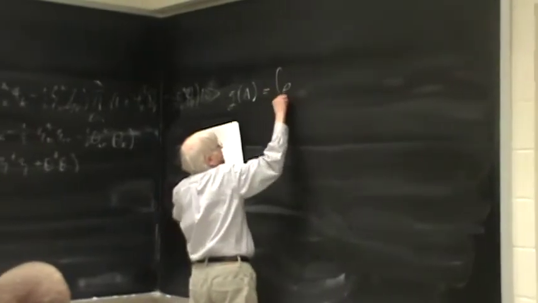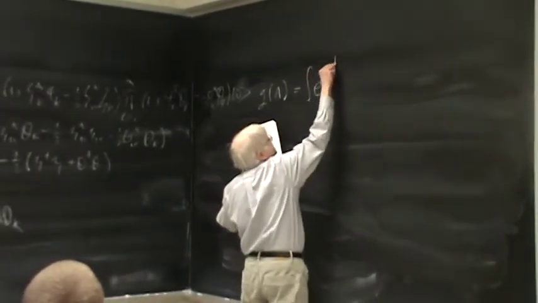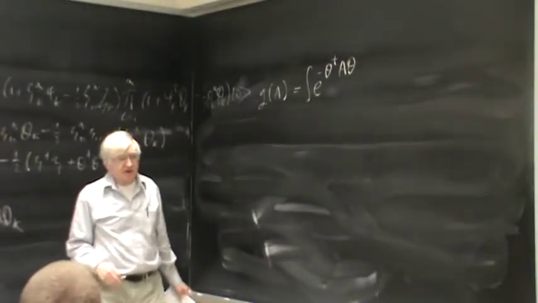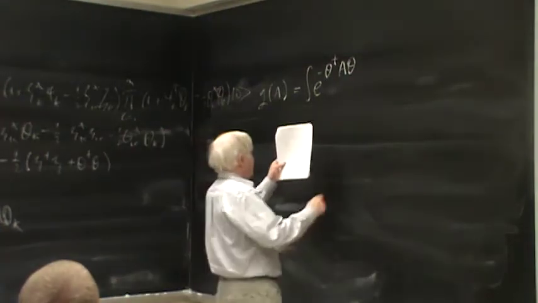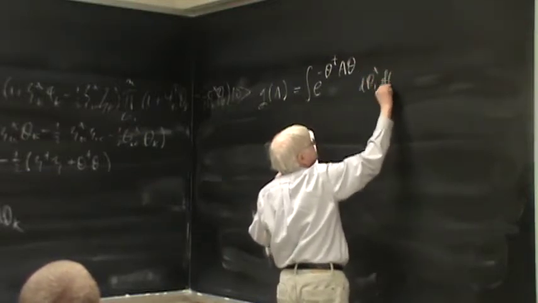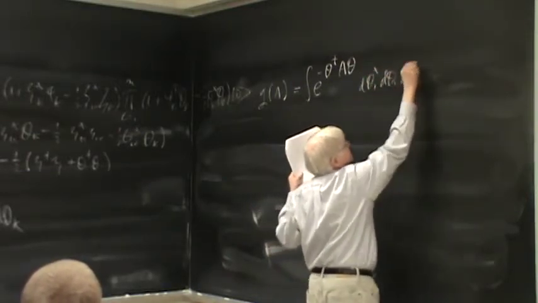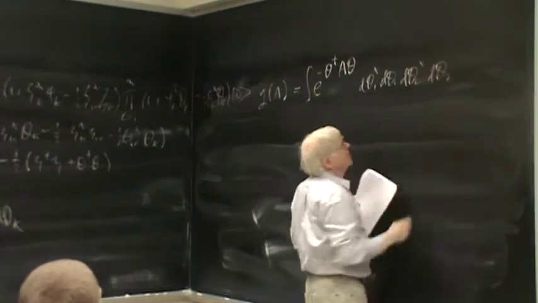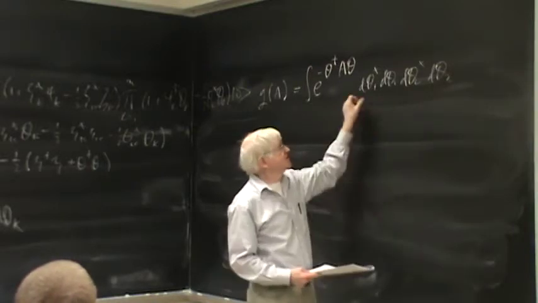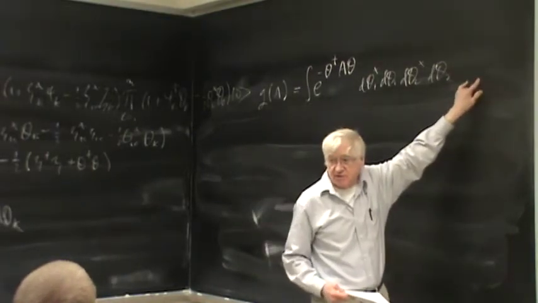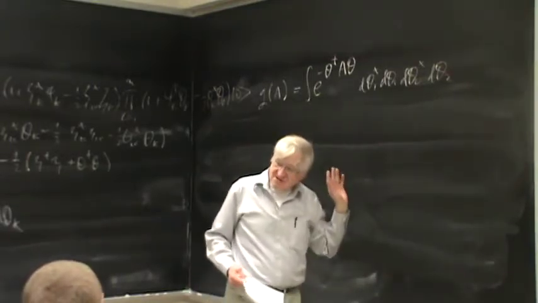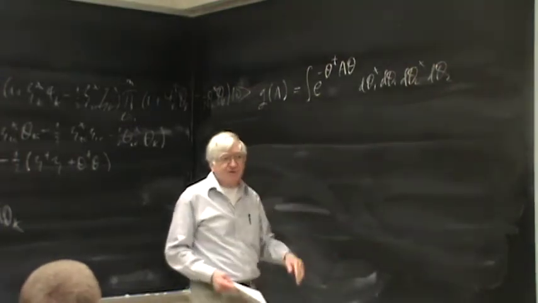This is a Gaussian integral, e to the minus theta dagger A theta, where theta is a 2-component vector, with measure d theta 1 star, d theta 1, d theta 2 star, d theta 2. Notice if you choose to write it this way, the order doesn't matter because each pair is bosonic, so it commutes with the others. Whereas if instead you put all the theta stars together and all the thetas together, then you're asking for trouble.